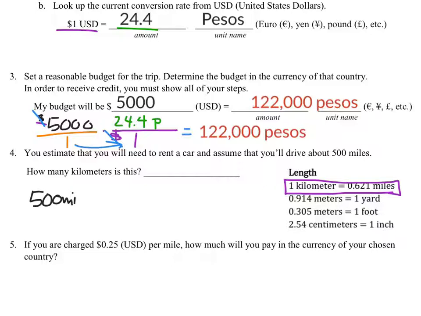Now remember, I usually show this as a fraction because that's what we're using here, fraction multiplication, to convert this. And we're multiplying it really by a factor of 1 because 1 kilometer equals 0.621 miles, and anything divided by itself is 1. Now here we see the miles in the numerator, so I need miles in the denominator, and we are converting this to kilometers.